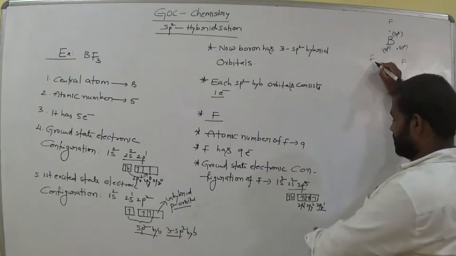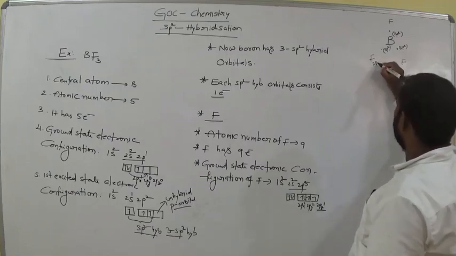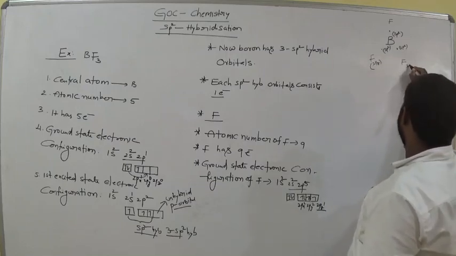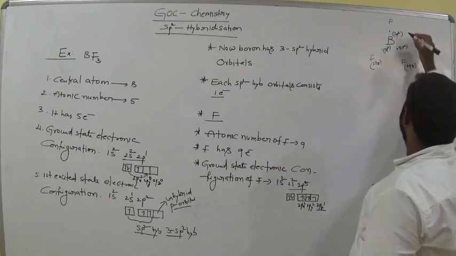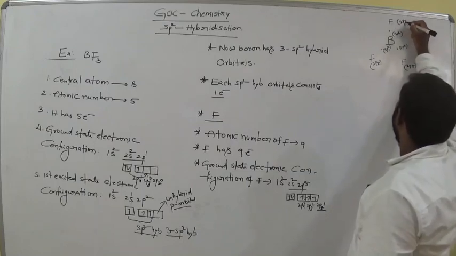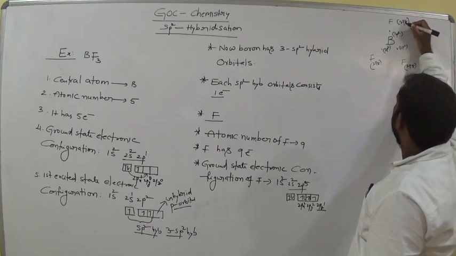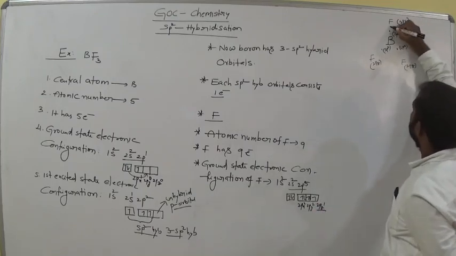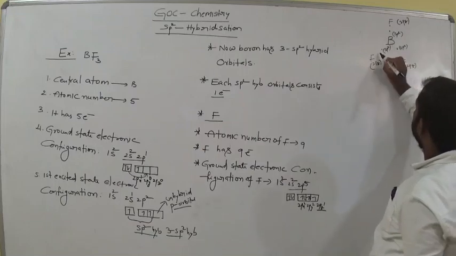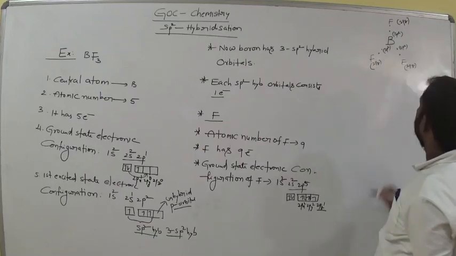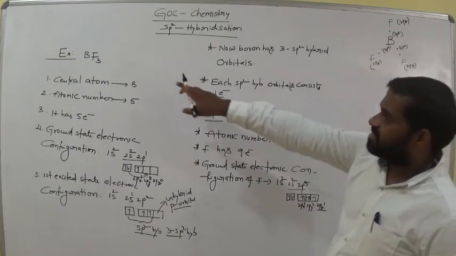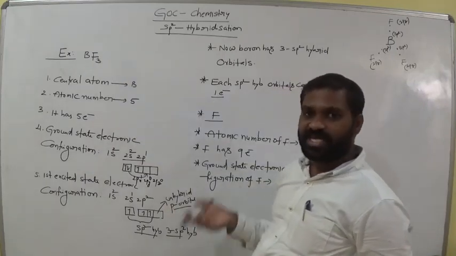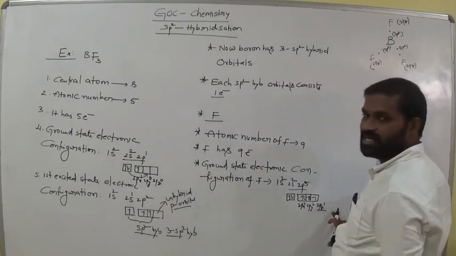From fluorine, the 2pz orbital interacts, and each 2pz orbital consists of 1 electron. Because we have 3 fluorines, from each fluorine one 2pz orbital.